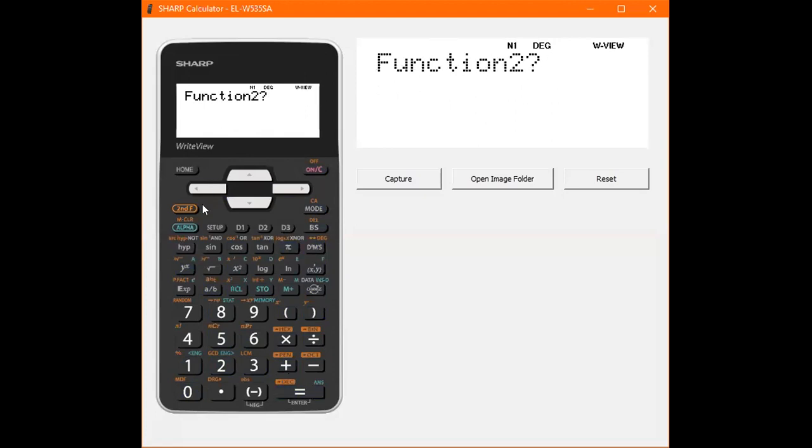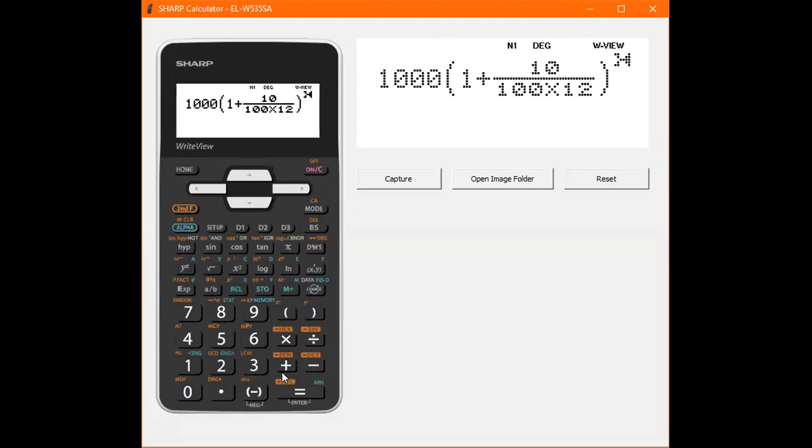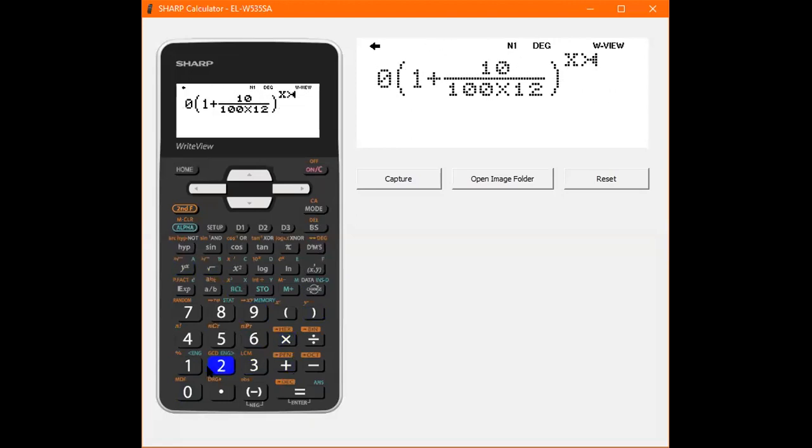Okay. What I'm going to do with the second one is do exactly the same thing, but I'm going to compound it on a monthly basis. So here I'm just going to say times 12 at the bottom, which means I'm dividing 10 by 12. And at the top, I'm going to make my X times 12. Okay, so that's there.